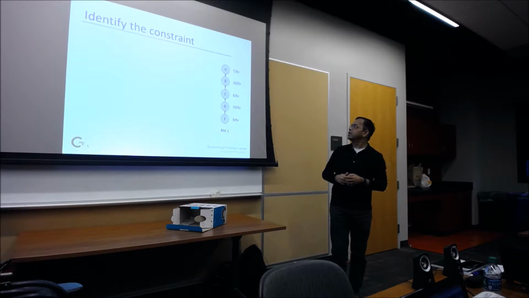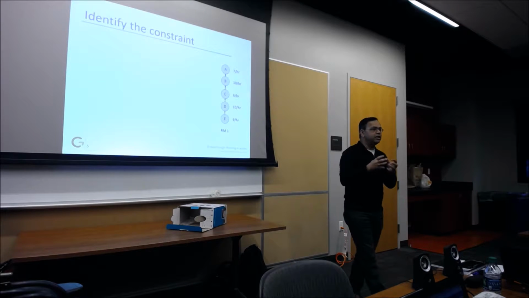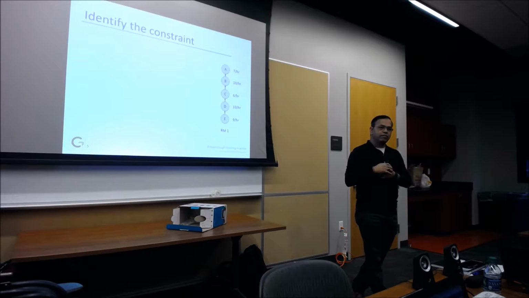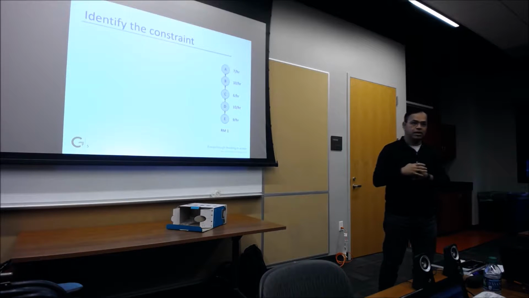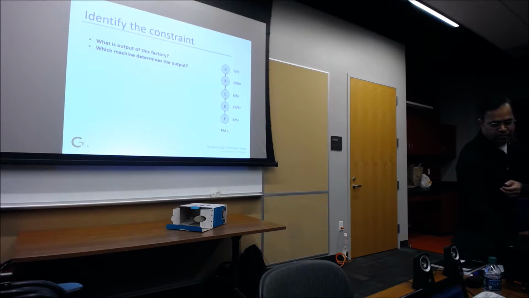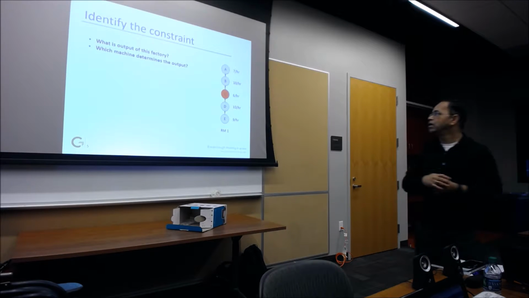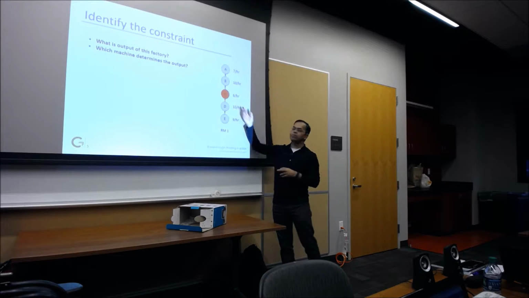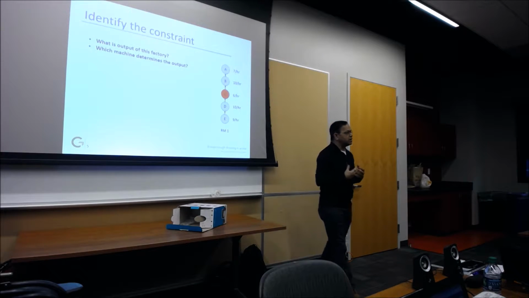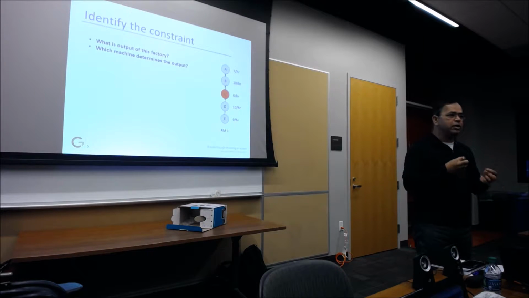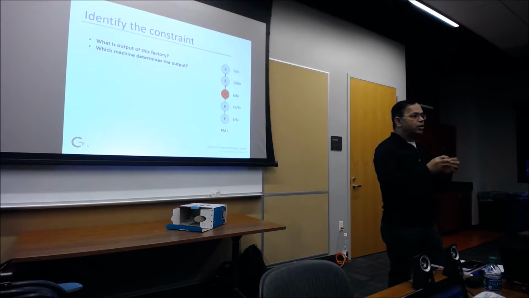So where is the constraint? What is the machine that is limiting the output of this system? C, right? It can produce only 6, right? Now, a lot of times what we do not know in the system is what is the limiting department, what is the limiting machine, what is the limiting area, or what is the system constraint.